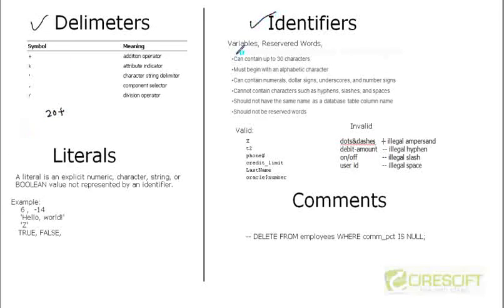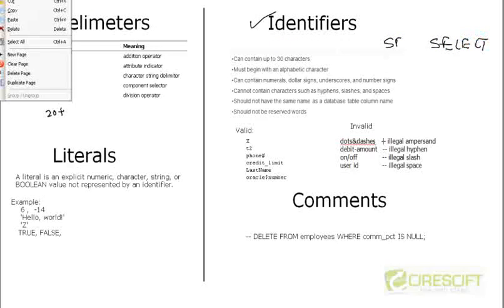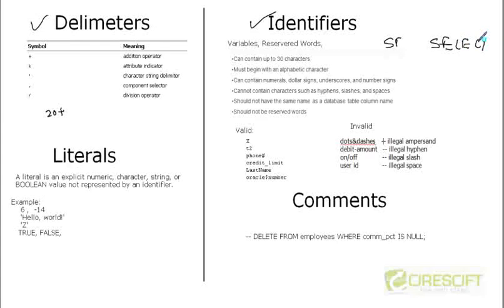Next one is identifiers. Identifiers can be a variable or a reserved keyword, for example select. Select is an example of a reserved keyword, and then there are variables. There's a rule for how you define an identifier.